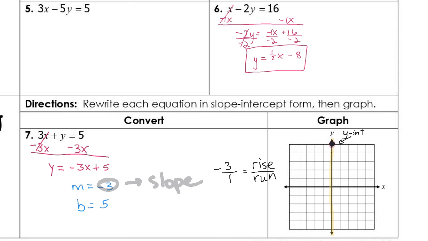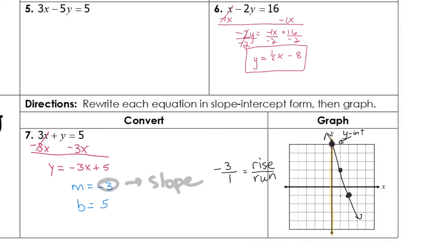So I go down 1, 2, 3 spaces and then over 1 and plot a point. I could stop there, but I'll do another one. There's another point. And then all I have to do is very carefully draw my line. Make sure you put arrows on the end of it.